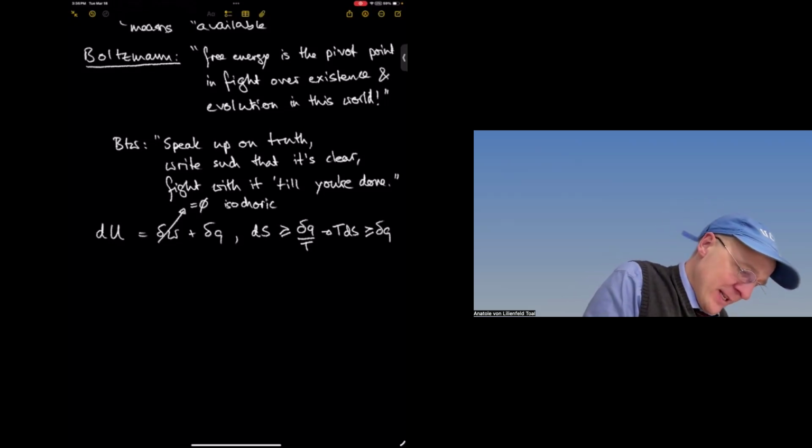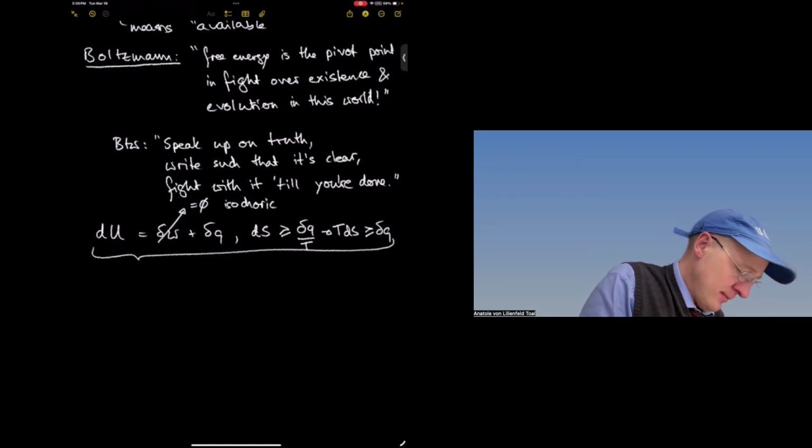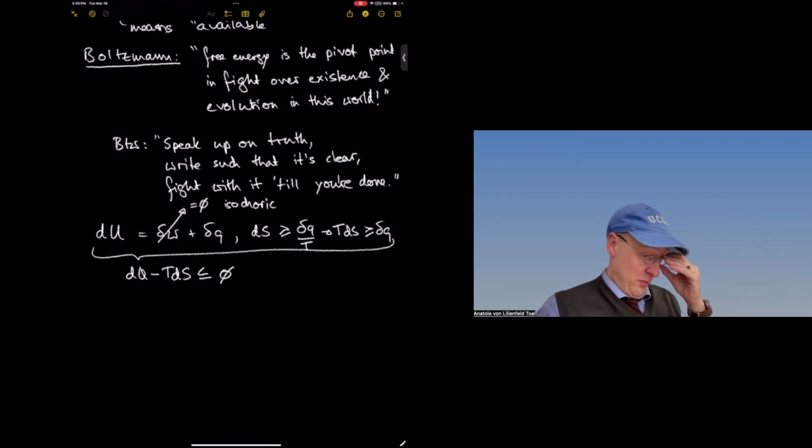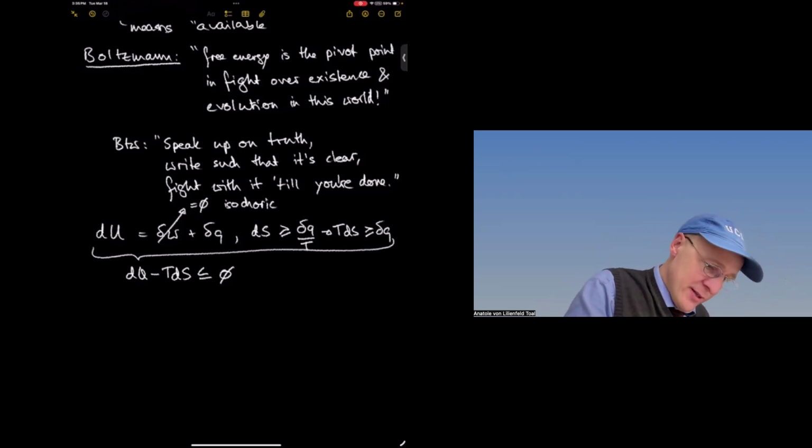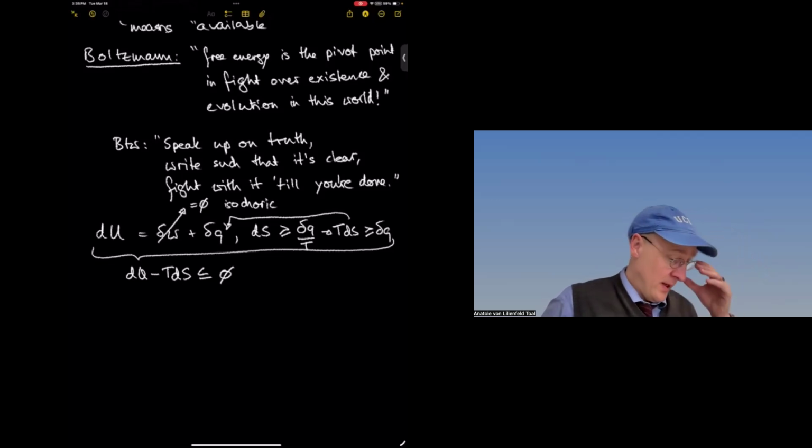And so we can substitute this here, and we get dU minus T dS smaller or equal to 0. So we put this inequality here for dq.